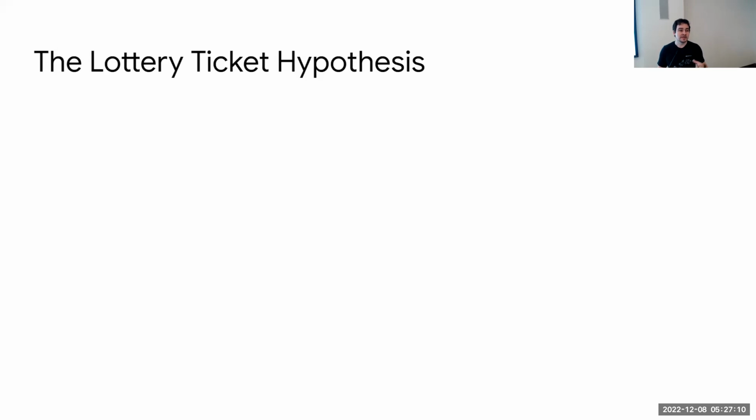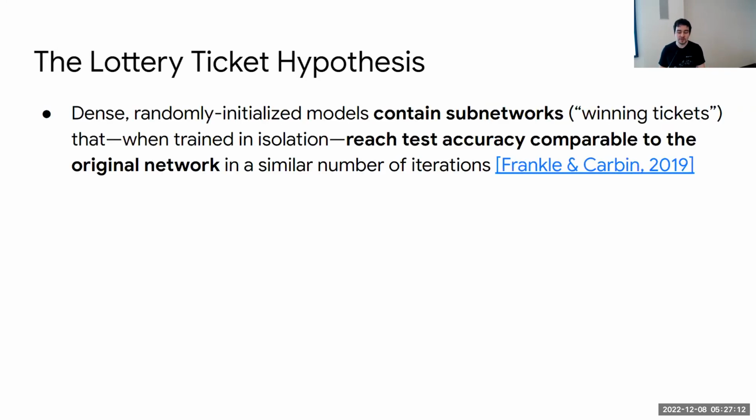So in the context of pruning, and to understand a bit the dynamics of these subnetworks, it's useful to talk about a recent observation or insight in this area, which has come to be known as the lottery ticket hypothesis.